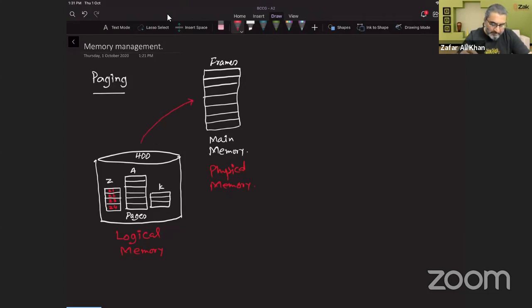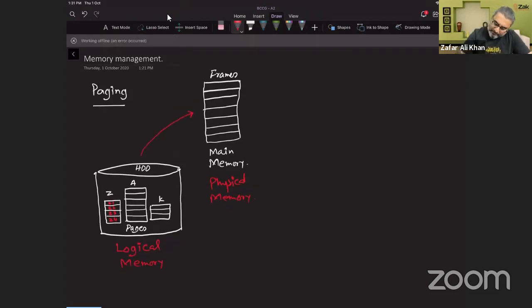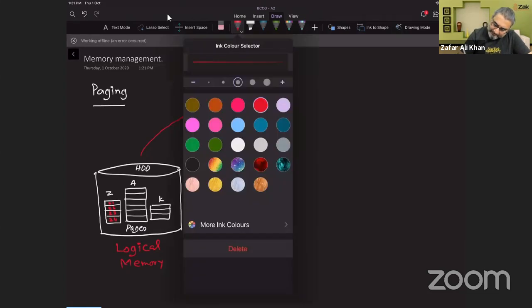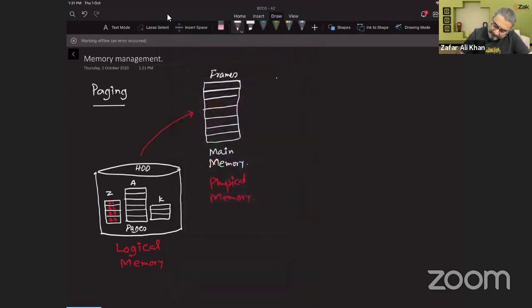A page table is used. A page table is something like this. Let us say this is frame. Frame number 1, number 2, number 3, number 4, number 5, number 6, number 7.